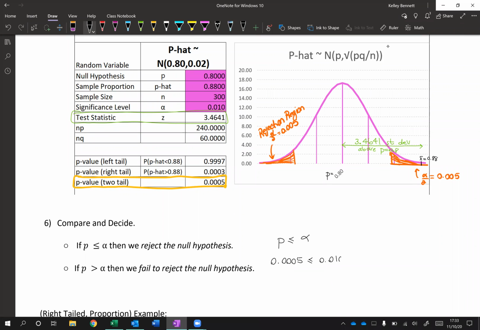So if you want to add on extra zeros, be my guest. So we are going to reject the claim that the proportion of cat owners is 80%. And in fact, we're going to favor the claim that it's higher than that.